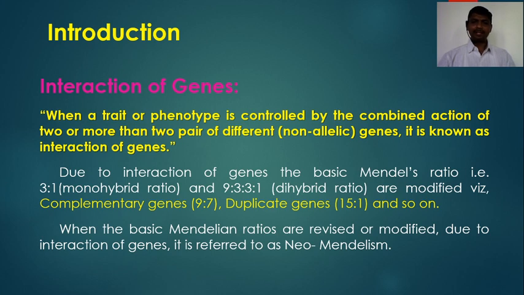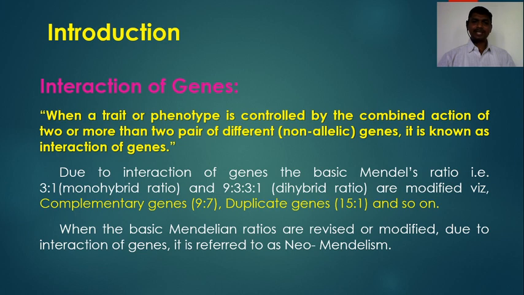For example, in the case of complementary genes it is 9:7, while in duplicate genes it is 15:1, and so on in other types of genes. So the basic Mendelian ratio has been modified into different combinations.